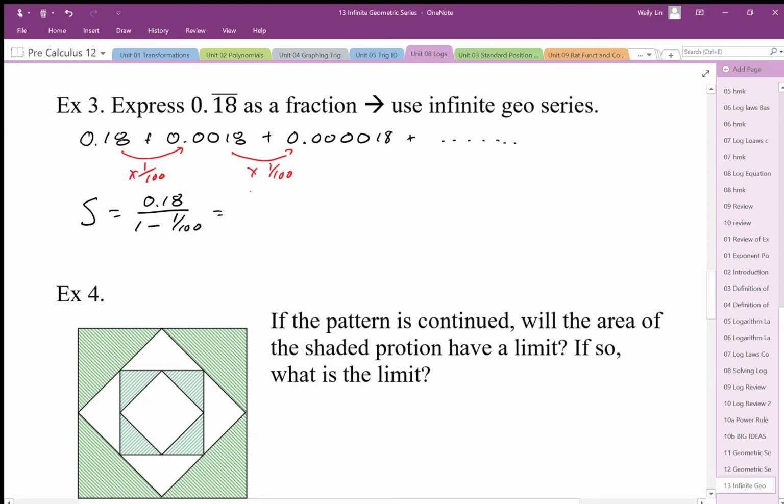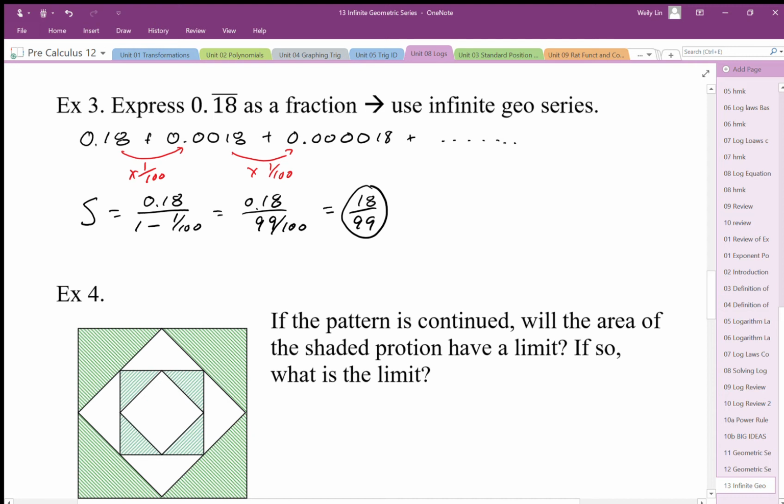That becomes 0.18 over 99 over 100. As a complex fraction, I'm going to bring that 100 to the top, and I get 18 over 99. And that is my repeating decimal of 0.181818.